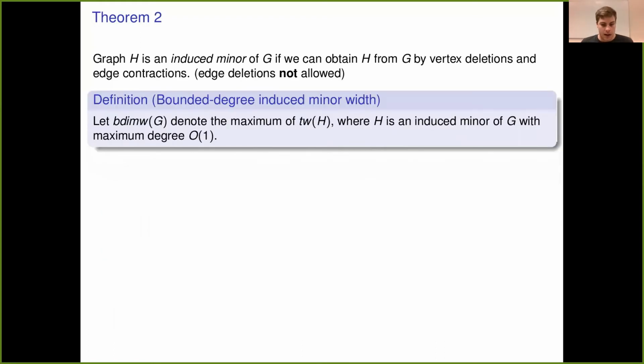Okay, and then let's go to theorem 2. For theorem 2, we need to introduce some terminology. We say graph H is an induced minor of a graph G if you can obtain H by deleting vertices and contracting edges of G. It's like graph minors, which are much more well known than induced minors, but here we need to consider induced minors.